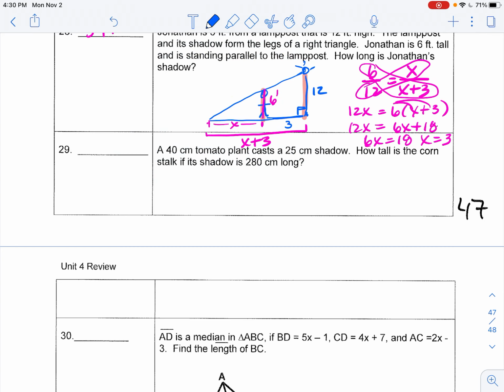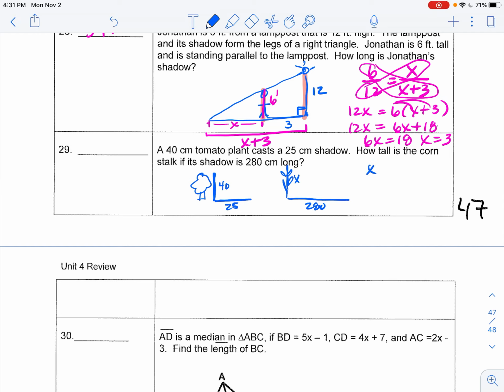Number 29. It says a 40 centimeter tomato plant. Here's my tomato plant. 40 centimeter tomato plant. I'm assuming that's the vertical height. Cast a 25 centimeter shadow. This is not drawn to scale. How tall is the corn stalk if, I don't know what a corn stalk looks like, here's my corn stalk. How tall is the corn stalk if its shadow is 280 centimeters long?